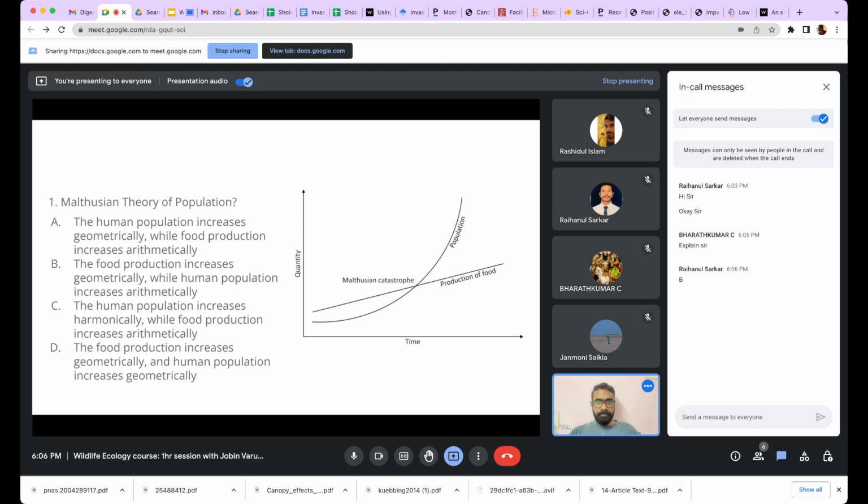So for example, let's just take an example of rats or mice. So there are two mice, one male and one female, at a place. Then eventually they'll produce, I don't know, two more.